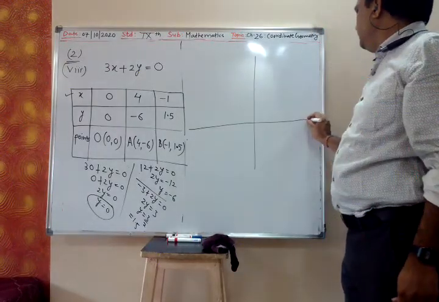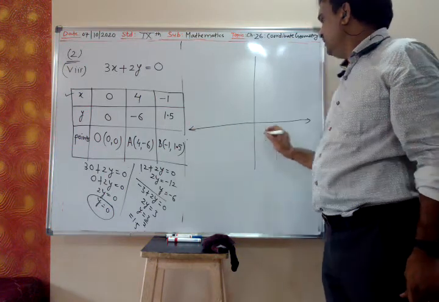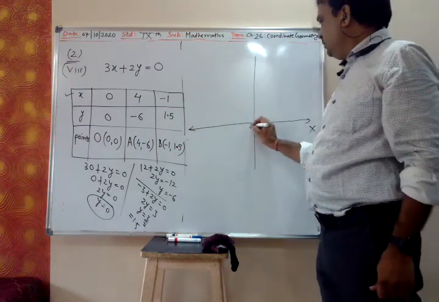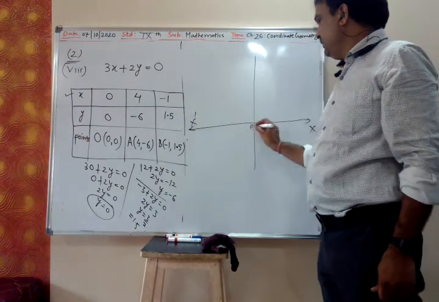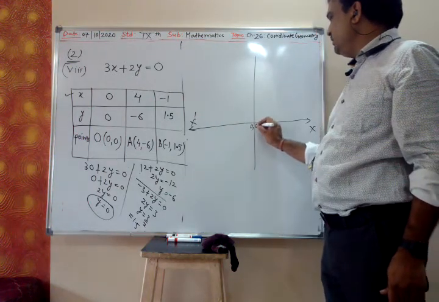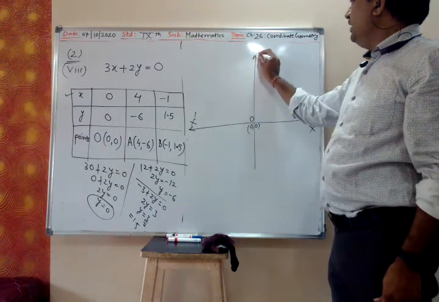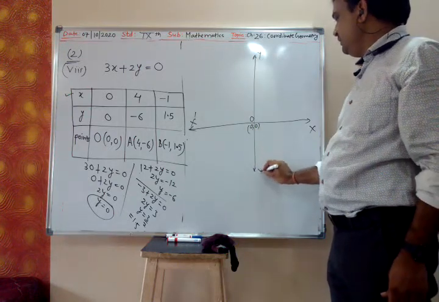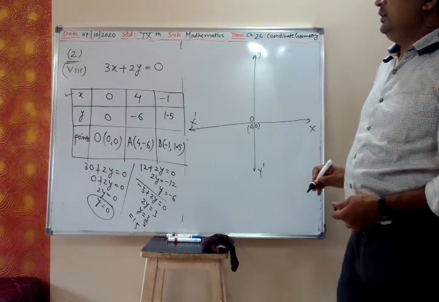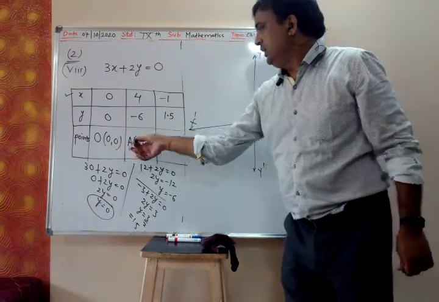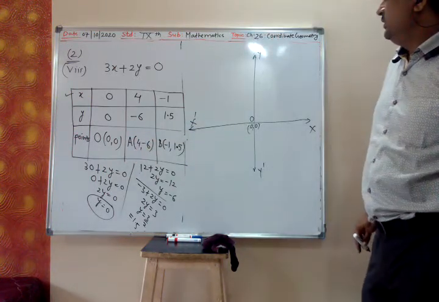So now this is my x-axis, x dash, this is my origin O, 0 comma 0 is my origin, and this is y, y dash. Okay. So O we have plotted. Now A, 4 comma minus 6.